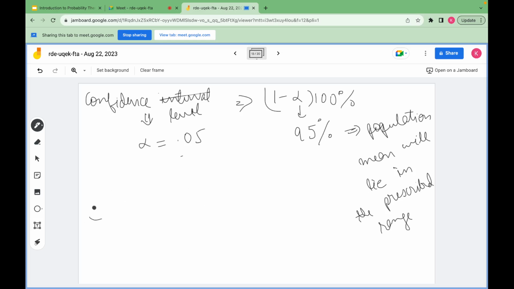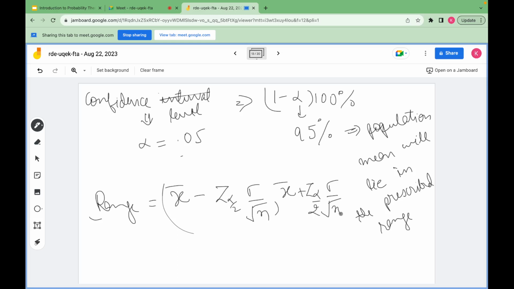And how do we calculate this range? This range is found by x bar minus z alpha by 2 into sigma by root n to x bar plus z alpha by 2 sigma upon root n. We talked about this in the earlier classes.